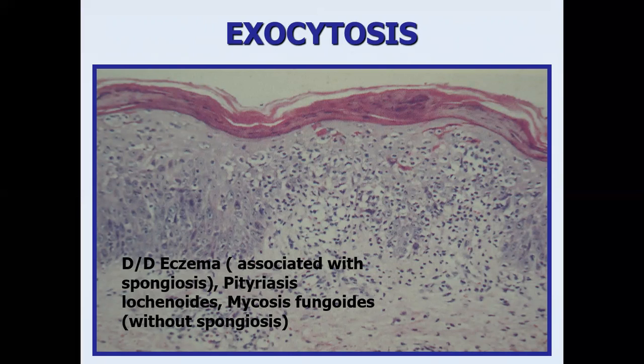And exocytosis can be lymphocytic exocytosis, neutrophilic exocytosis, or eosinophilic exocytosis. Whatever is the cell which is entering into the spongiotic epidermis will be called exocytosis.